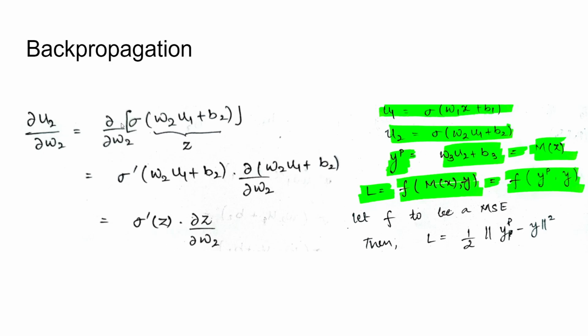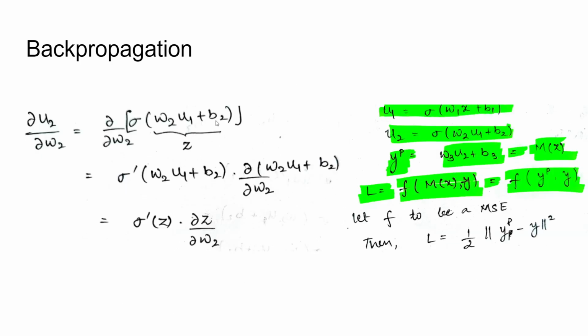So it will be written as the derivative of the sigmoid, represented as sigma prime here with the same argument, times the derivative of the argument with respect to w2. So it will be sigma prime of z times the derivative of z with respect to w2, where z represents w2 u1 plus b2.